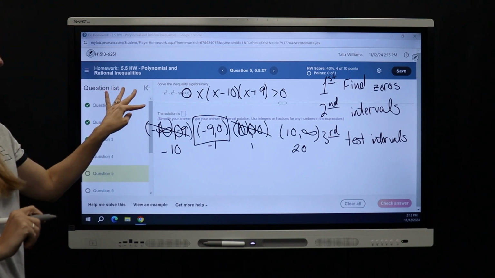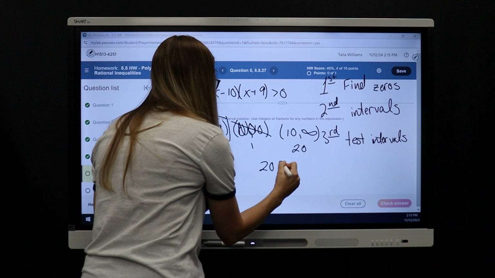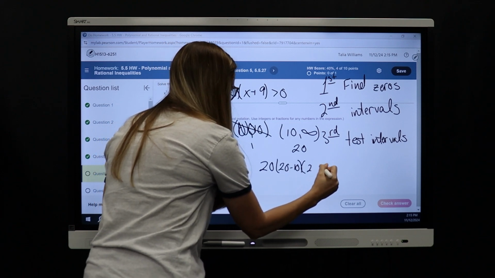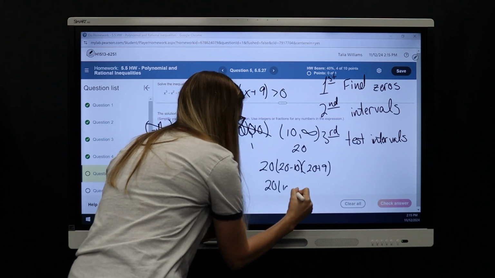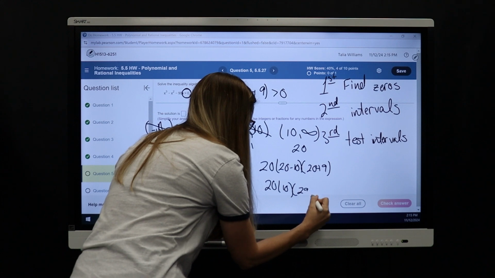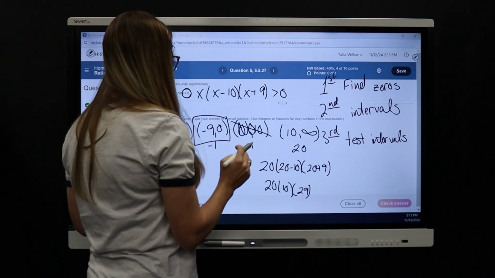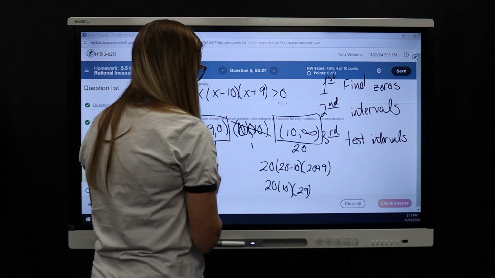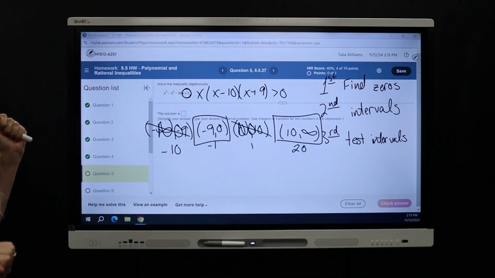Whatever that is, that's what I'm testing. So then let's do 20, and we're going to have 20 subtract 10, and then 20 plus 9, so 20 times 10 times 29. All really big numbers, all positive numbers. So my answer is going to be positive, and positive is greater than 0. So that is going to be one of my answers.